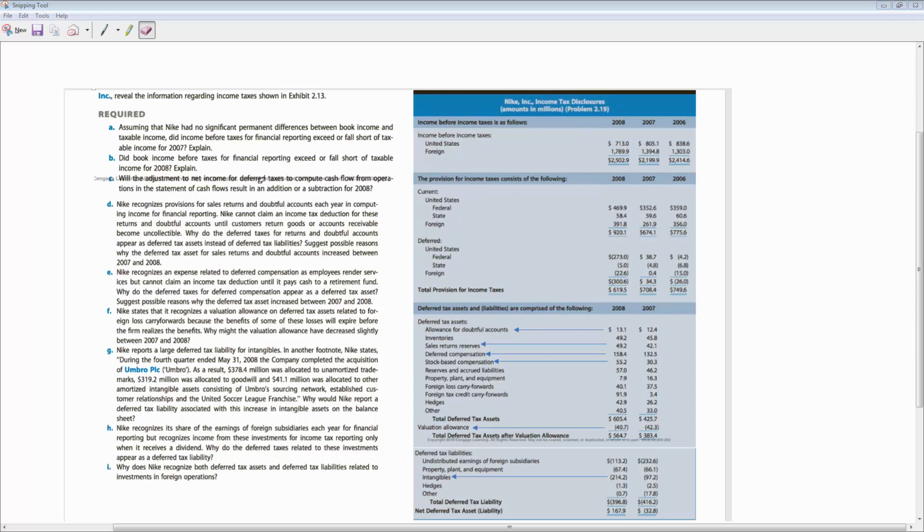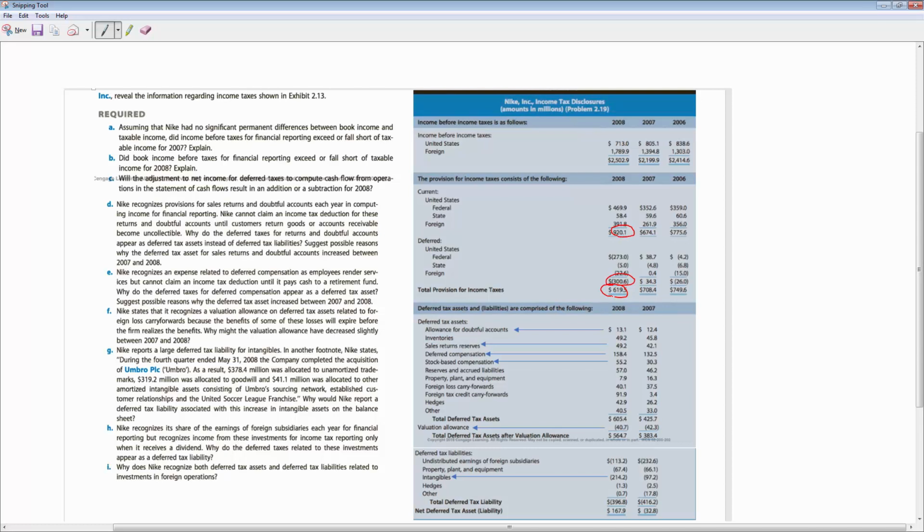Question C is about the adjustments in the statement of cash flow for 2008. To answer this question, we take a look at this number, the deferrals. In this case, similar to the example in problem 18, the company pays more tax than it incurs.